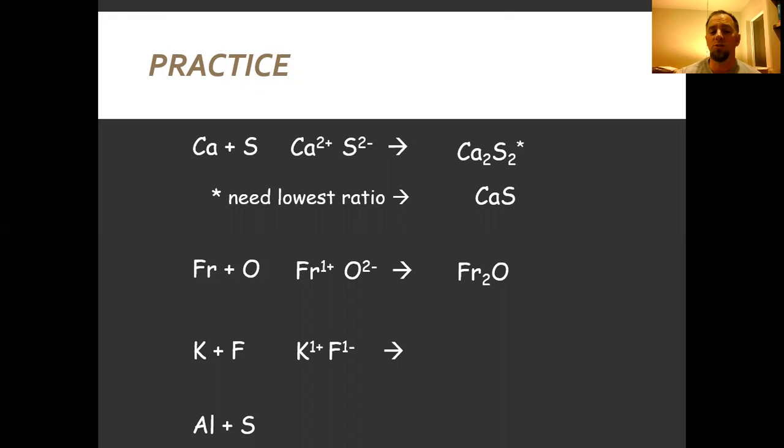Fluorine has a 1 minus charge. Crisscross method, and it's already in the lowest ratio for potassium fluoride. And our last one here, aluminum and sulfur. I believe we looked at this one, so Al2S3. So hopefully you got those. If you didn't, I would back up this video and take a look at how we determine that one more time.